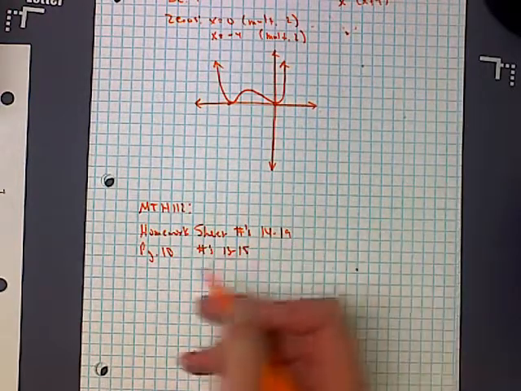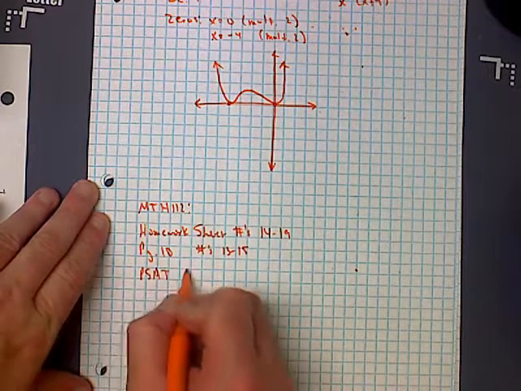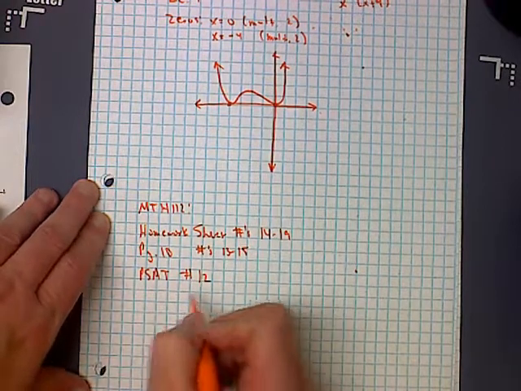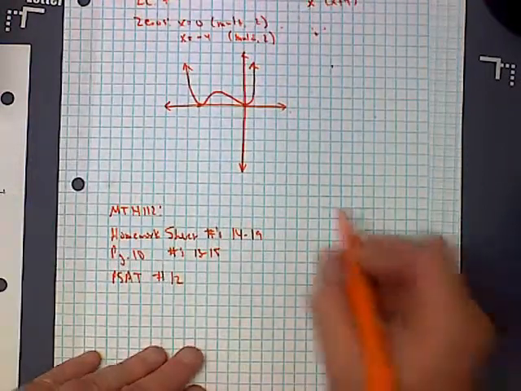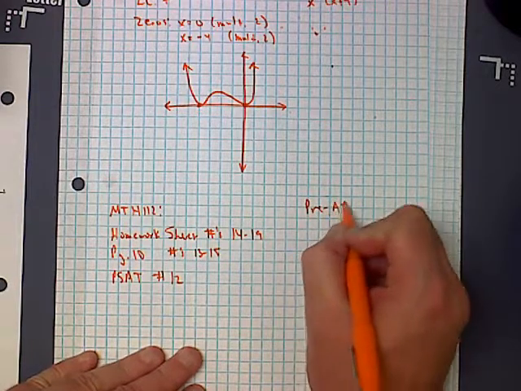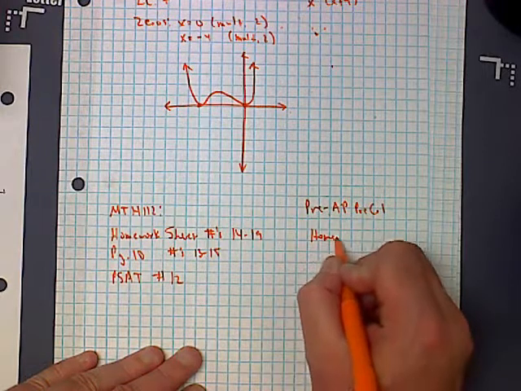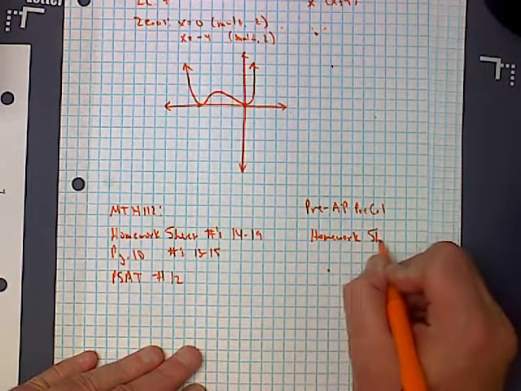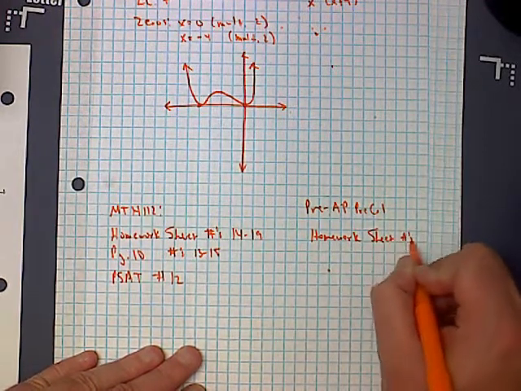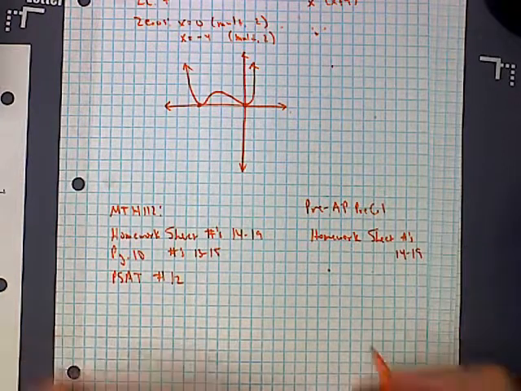And remember, I want you to think about the PSAT problem, number 12. Pre-AP pre-cal, your homework is just the homework sheet, numbers 14 through 19 only.